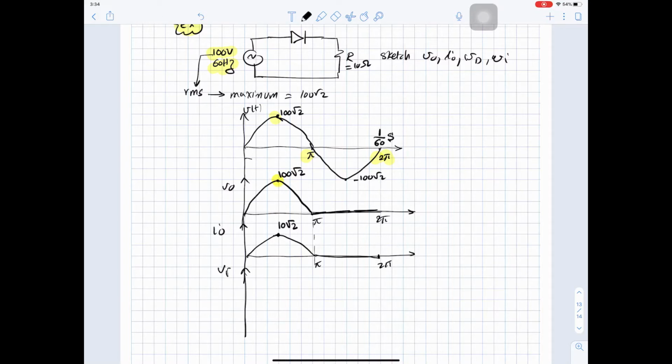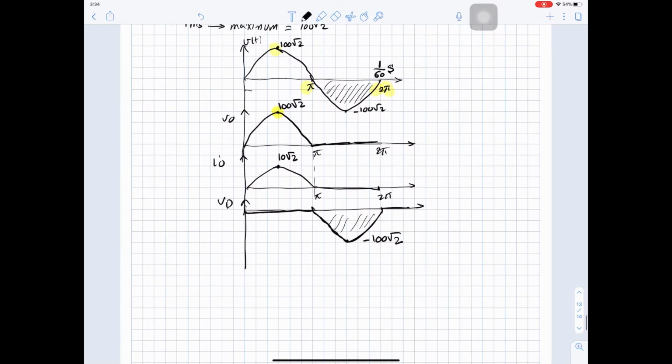And when we are sketching V diode, it will be 0 here, and here it will be negative 100 root 2, because it will be the same as Vn during the off period of the diode.